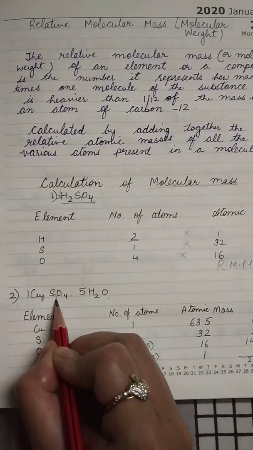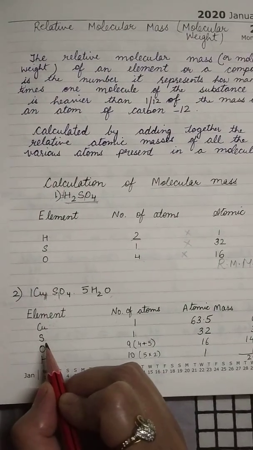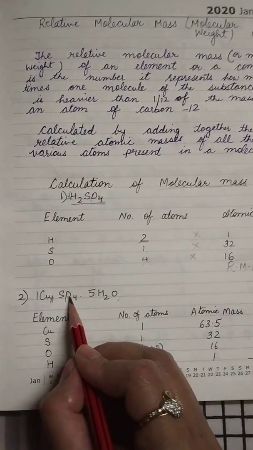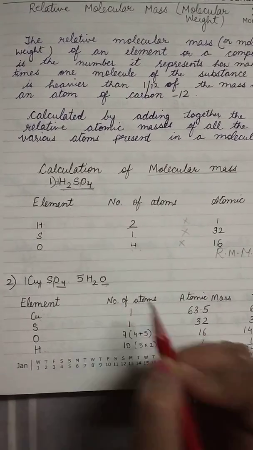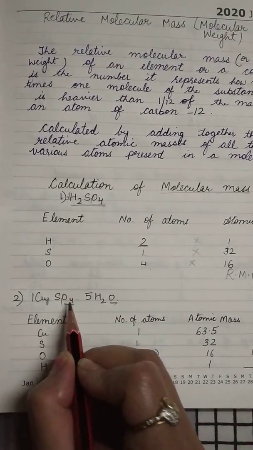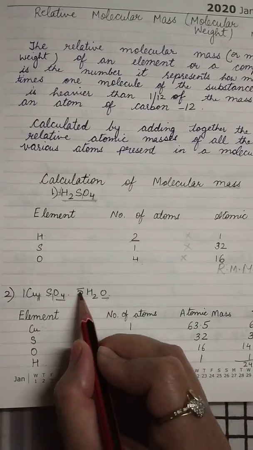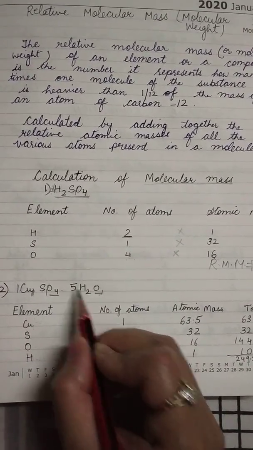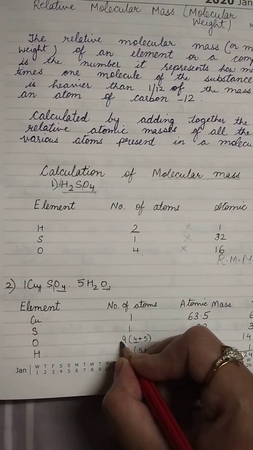Sulfur again, nothing is written, so 1 into 1 is 1 again. Then oxygen. Oxygen is coming here as well as here. So what we are going to write is the total. Oxygen here 4 into 1, that is 4. Here again 1 into 5, that is 5. So 4 plus 5 makes 9.